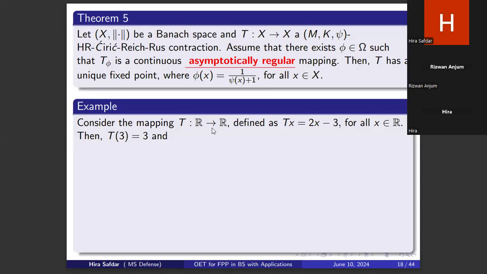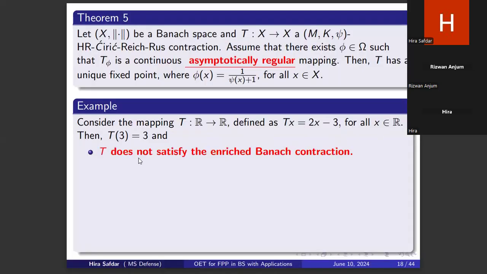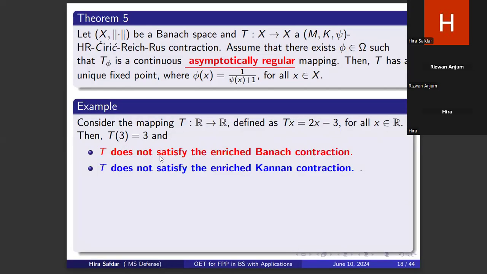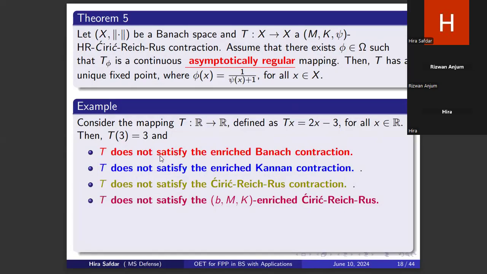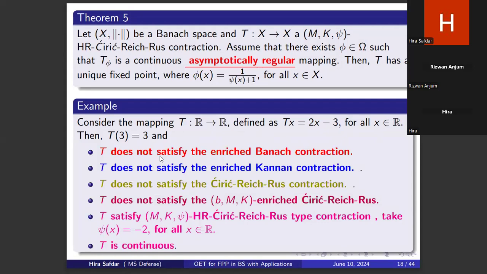Consider a mapping T from R to R defined as Tx equals 2x minus 3 for all x belonging to R. So T does not satisfy the enriched Banach contraction, does not satisfy the enriched Kannan contraction, and does not satisfy the Siri-Riesz contraction or the enriched Siri-Riesz contraction, but T satisfies the MK psi HS Siri-Riesz type contraction.